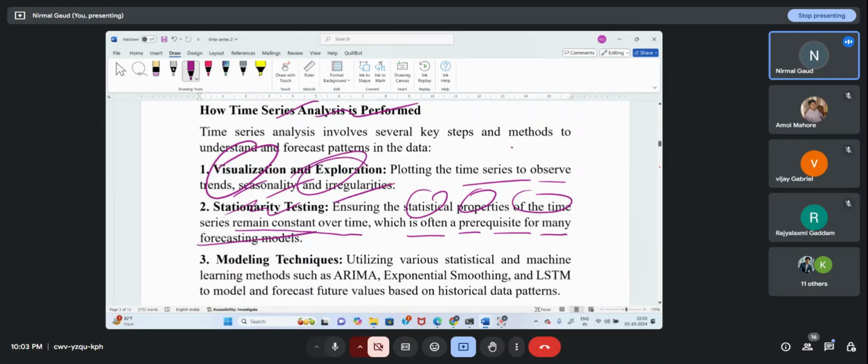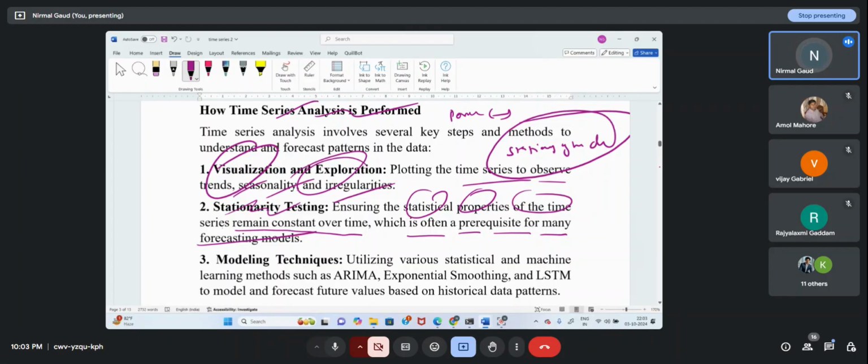We need to check stationarity of the data over a period of time. Then only we can apply an algorithm, else we cannot.